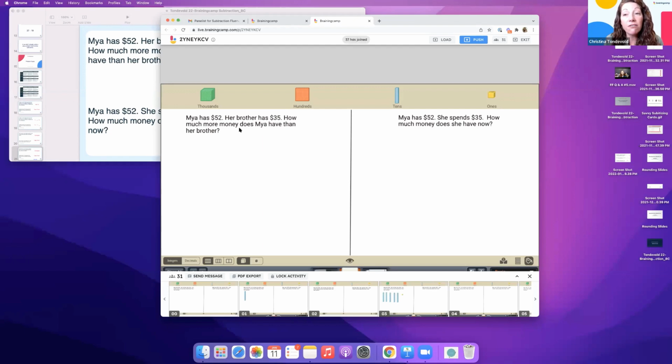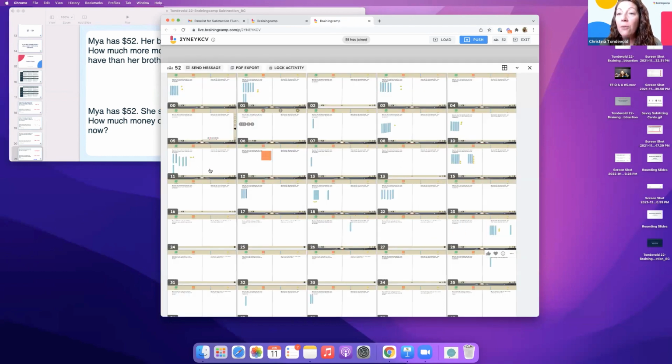And I want you to feel how different it is. Don't be a number plucker, as my friend Graham Fletcher calls it. Don't just pluck out the numbers and try to do operations with it. I want you to actually follow what the problem says. Model what that problem says, okay? And then I can take a look down here at what you guys are creating.